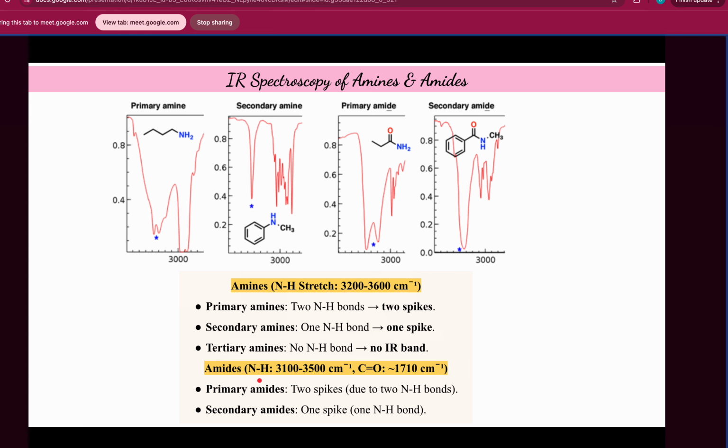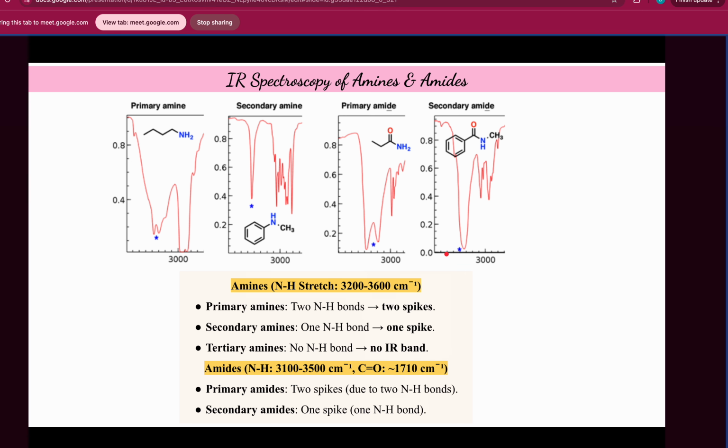Now if we talk about amides, primary amides will also show two spikes due to the two NH bonds which are present. And similarly, in the case of secondary amides, because one H is present, so one NH bond is there, there will be only one spike.